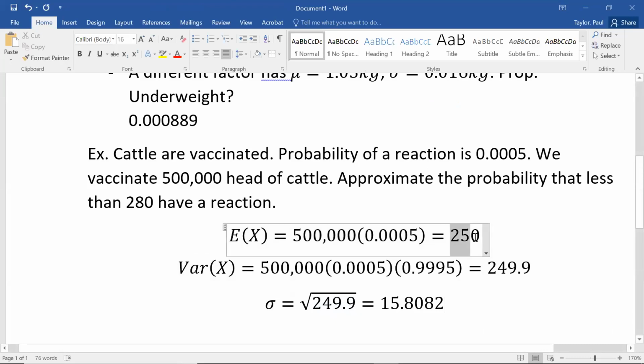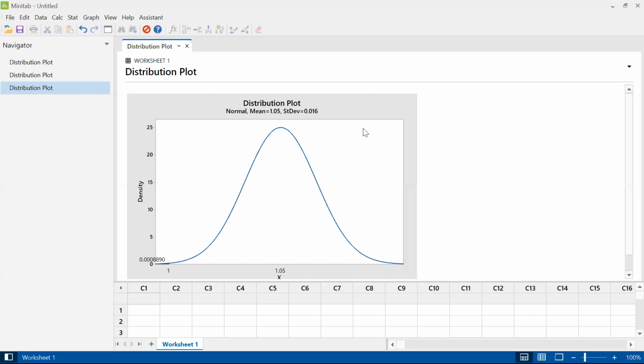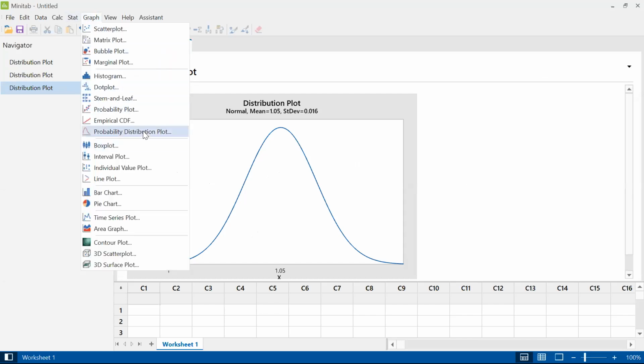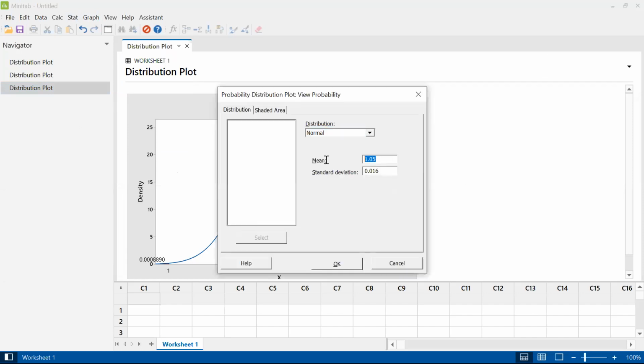So these are the two numbers we need to put into Minitab. Let me flip over to Minitab. Let's bring up our normal distribution plot. I said my mean was 250, and my standard deviation was 15.8082.